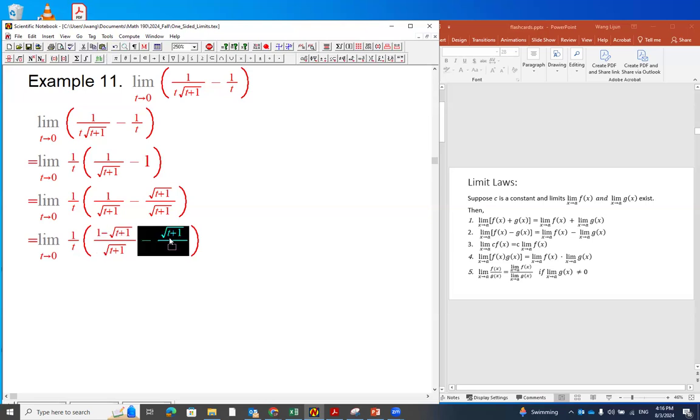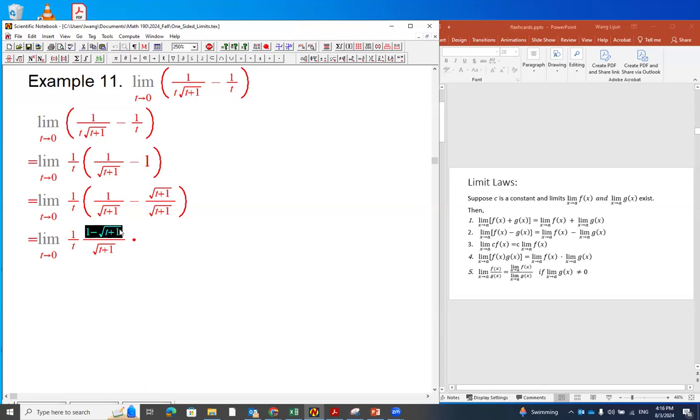So this piece is gone. I can also remove the parentheses. You can put a dot there or you don't have to, but if you write it that way, it's okay. Now we get a root. We still cannot apply limit law. What do we do? Rationalization.